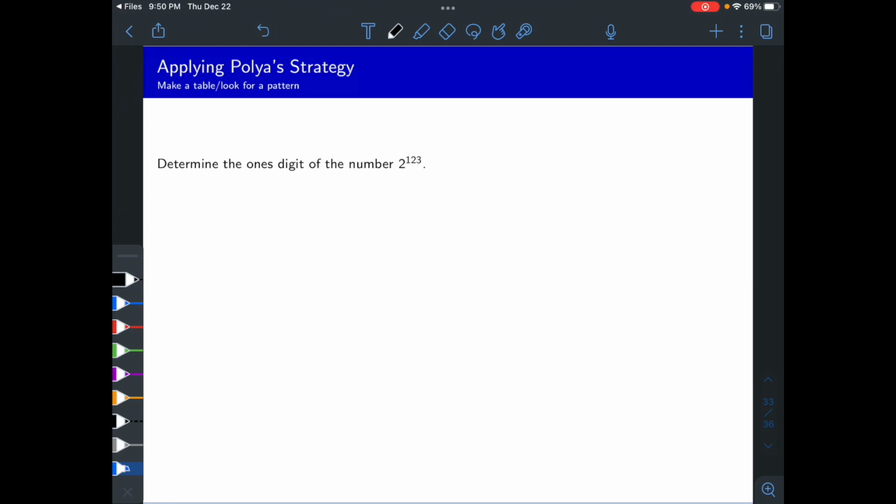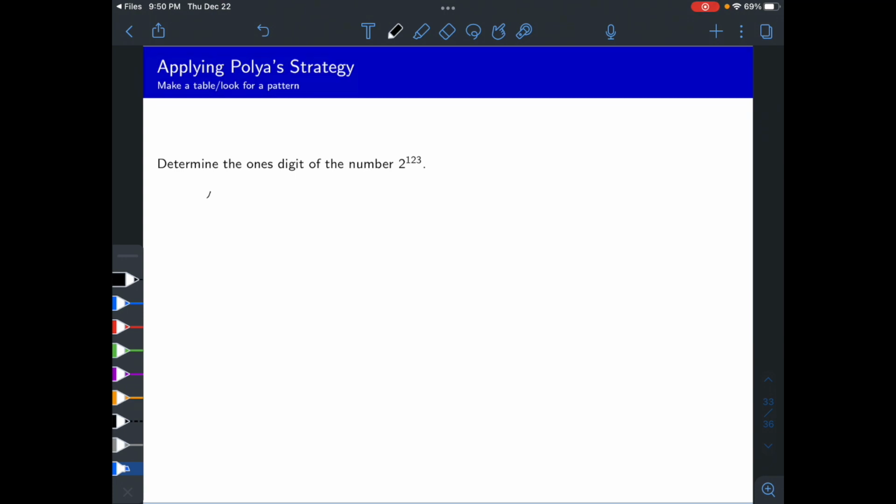So what we'll do instead is look at smaller examples first, and then see from examining the smaller examples if we can find a pattern that helps us generalize.